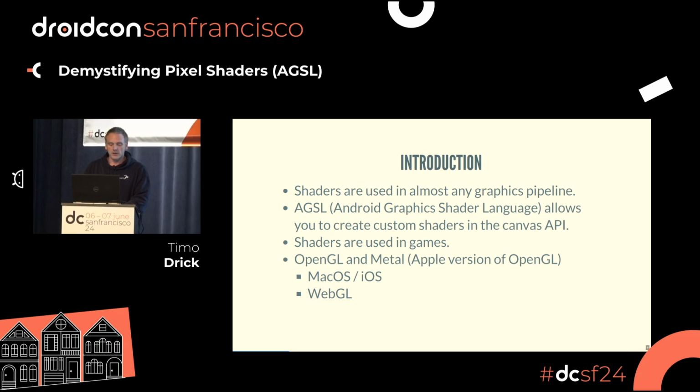And in iOS, it's also supported, not AGSL, but shaders in general. And on the web, you can use WebGL to draw shaders. Very important thing to note here, shaders are compiled and then executed on the GPU, so they are very fast.